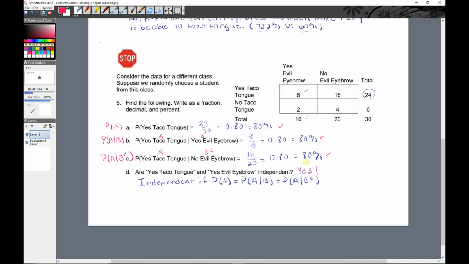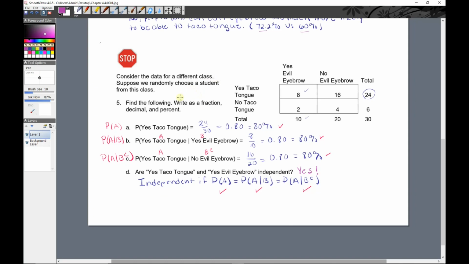And so that sets up a test to see if events are independent. So are yes taco tongue and yes evil eyebrow independent? That answer is yes, because the rate at which somebody can do it doesn't matter whether or not they can evil eyebrow or not.